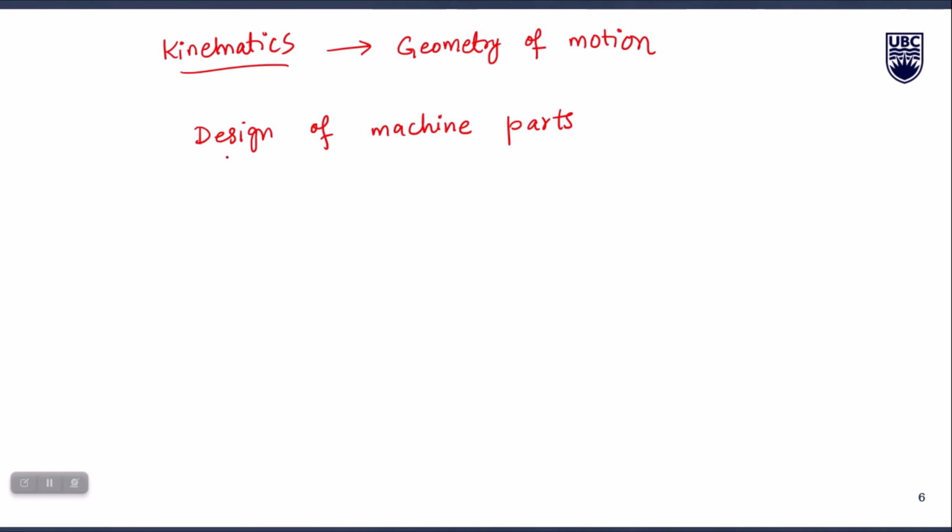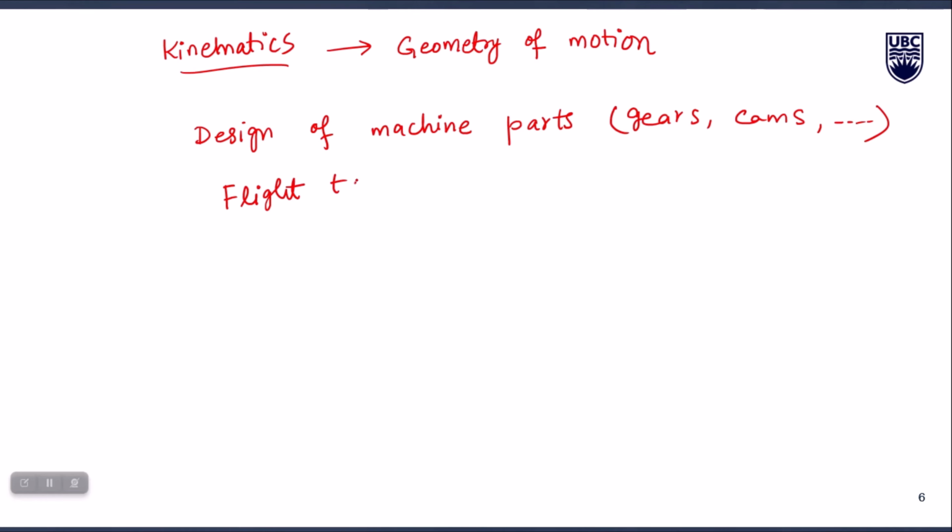So for example, design of machine parts like gears, for example cams, and certain other applications in mechanical engineering, aerospace engineering, and manufacturing engineering. Similarly, for example, flight trajectories, calculation for altitudes, velocities, accelerations, path of a spacecraft and airplane, for example.